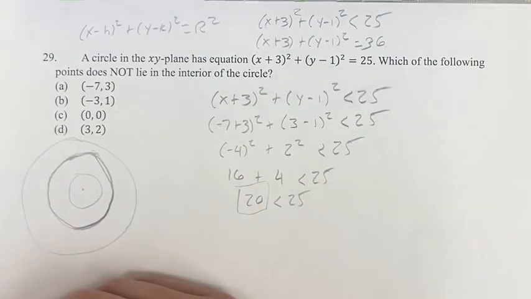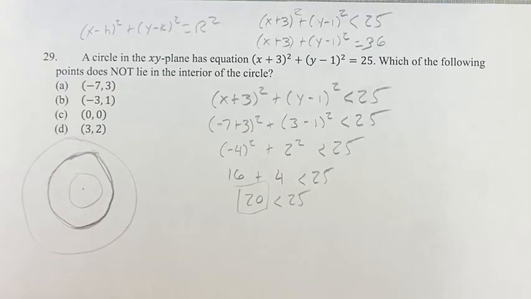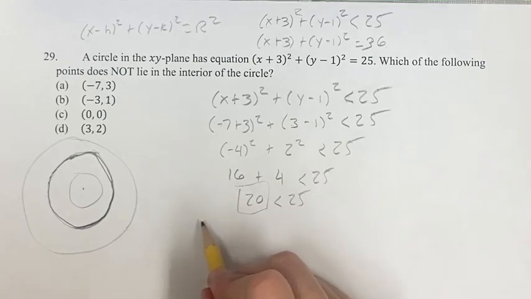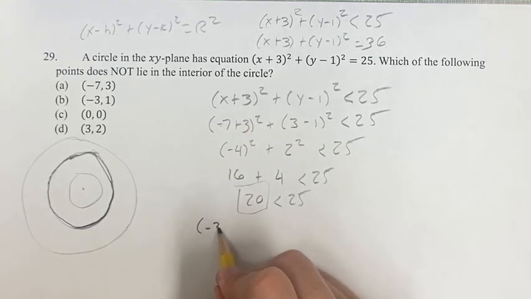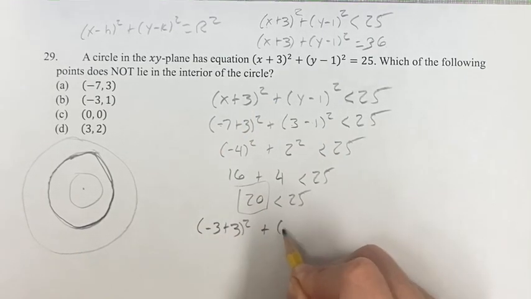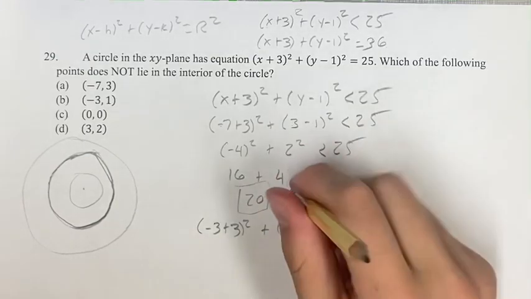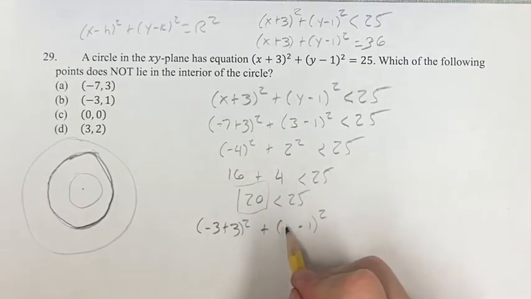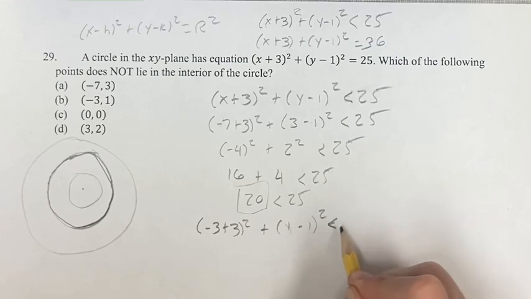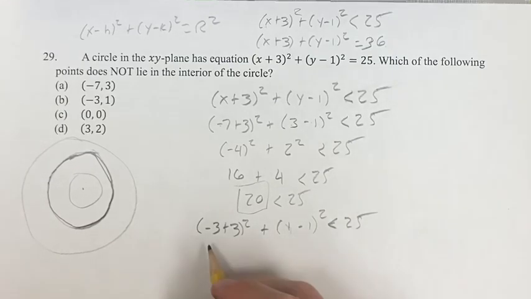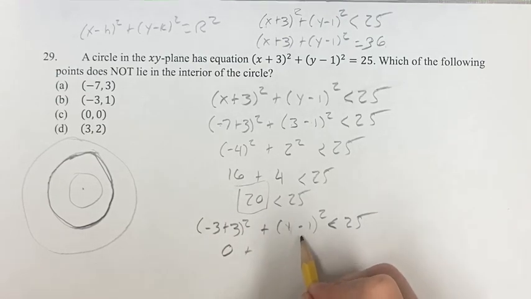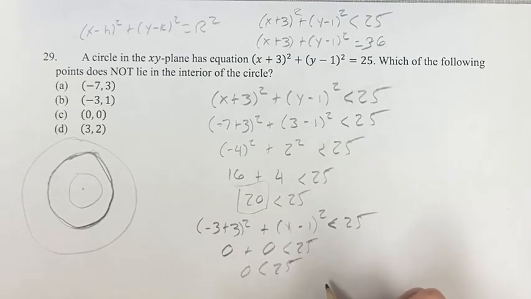Okay, let's try this point right here. We have (−3, 1). So (−3 + 3)² plus (1 − 1)², because y is 1, needs to be less than 25. −3 plus 3 is 0, 0 squared is 0. 1 minus 1 is 0, 0 squared is 0. 0 plus 0 is 0, and 0 is less than 25.